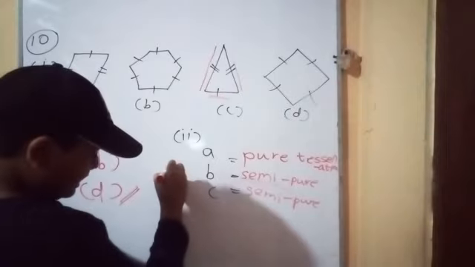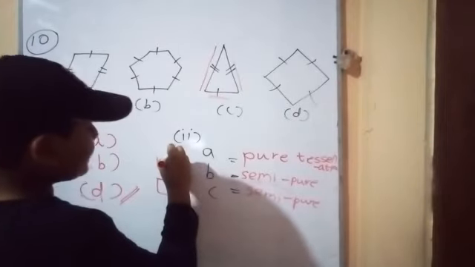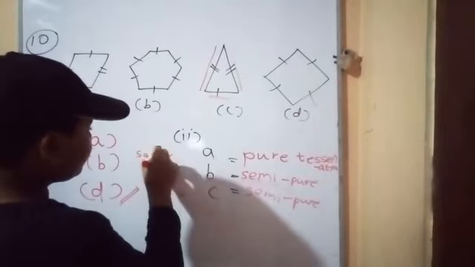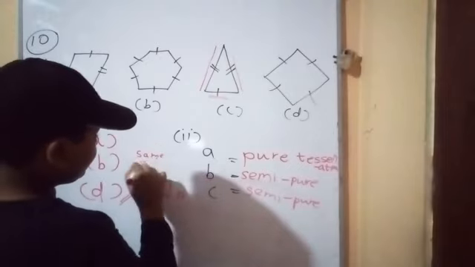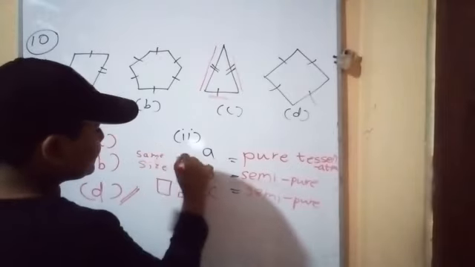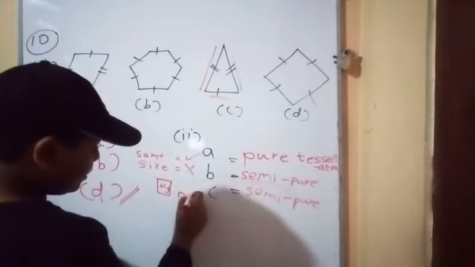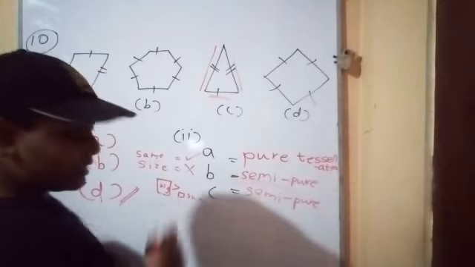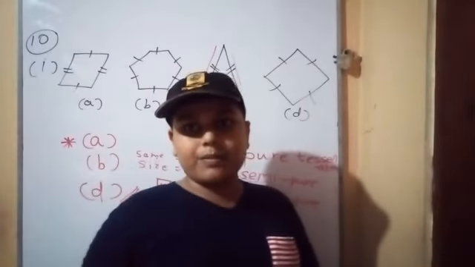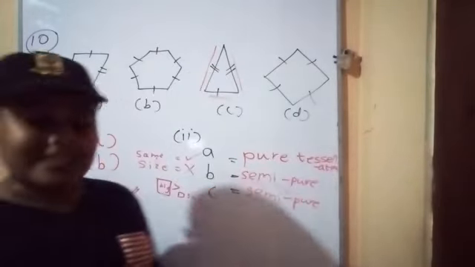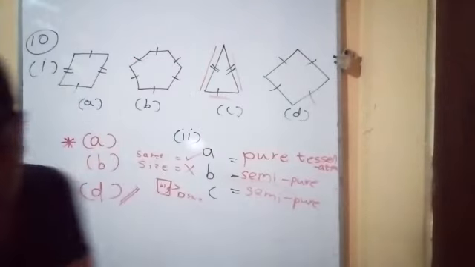Now the shape is the same, that is correct, but the size is not, because this is big, this is small. This is greater than this. The size is different. So that is why the C figure is a semi-pure tessellation.